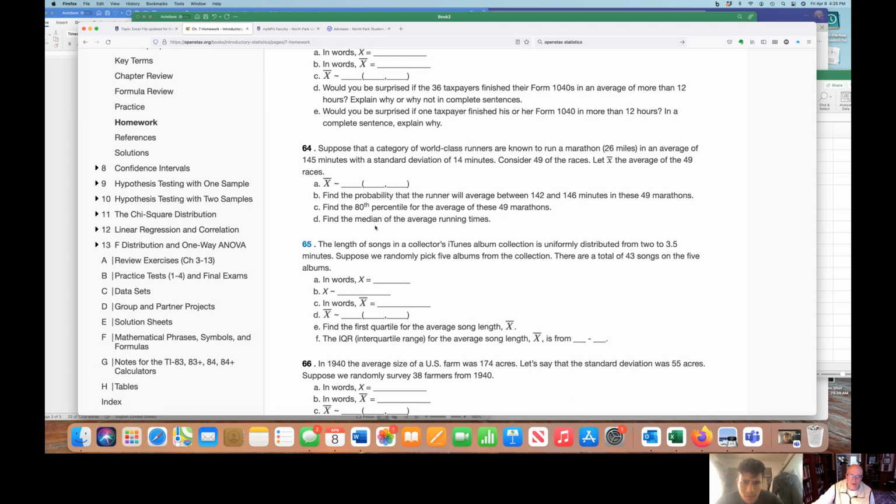It would be normal, but what's the mean and standard deviation of it? 145 and 14. No. That's of the individual. Okay. We're taking 49, the guy's running 49 marathons.